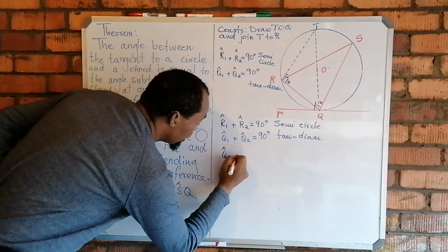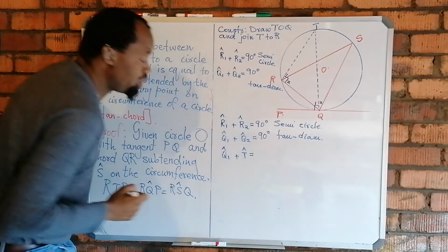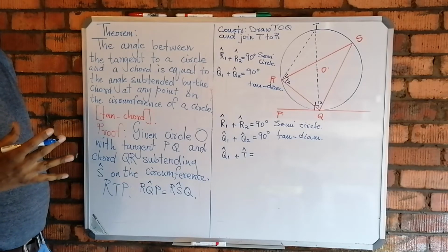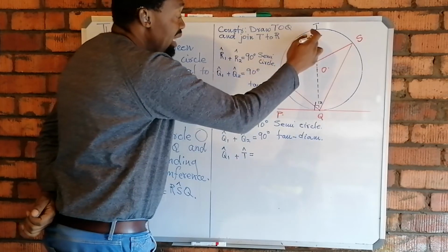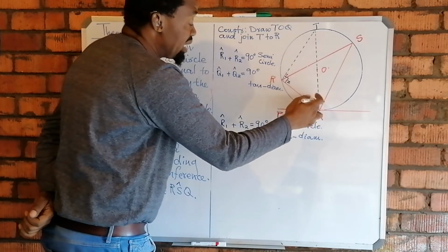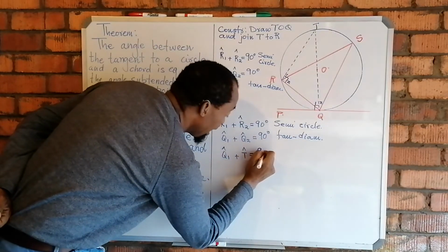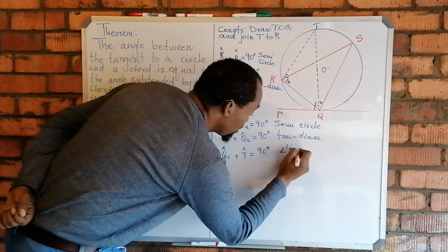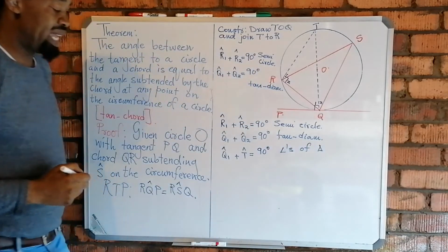Let's say angle Q1 plus angle T. What do we know about them? They also add up to 90 degrees, because this is 90, and that and that would be 90 degrees, so that this is 180. They add up to 90 degrees. Now, the reason would be sum of angles of a triangle.